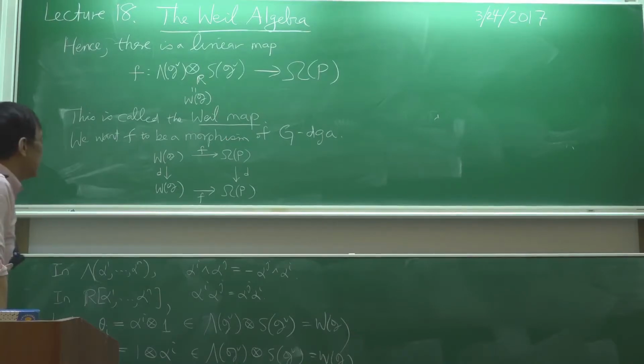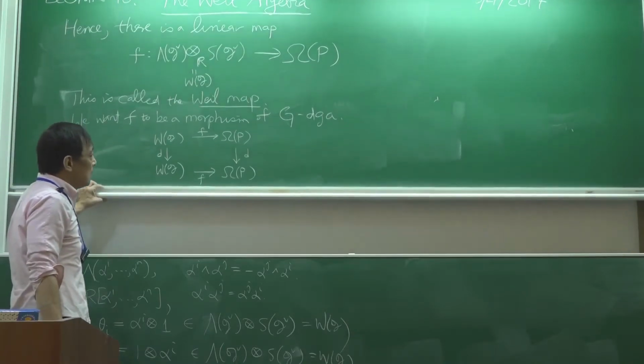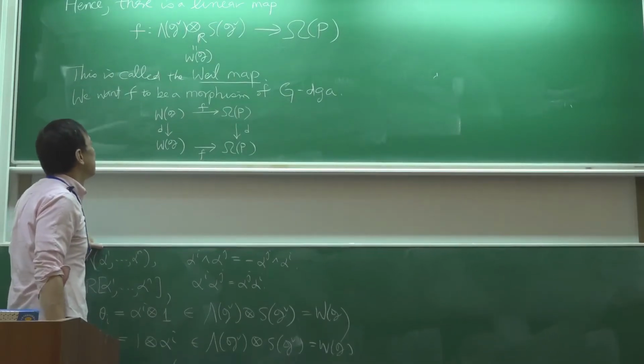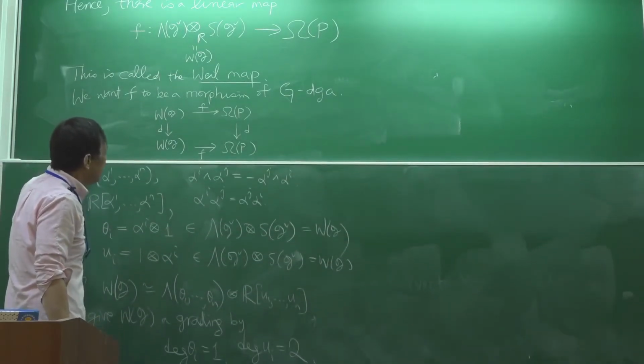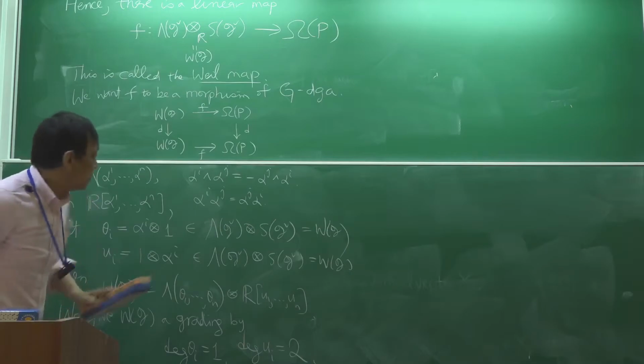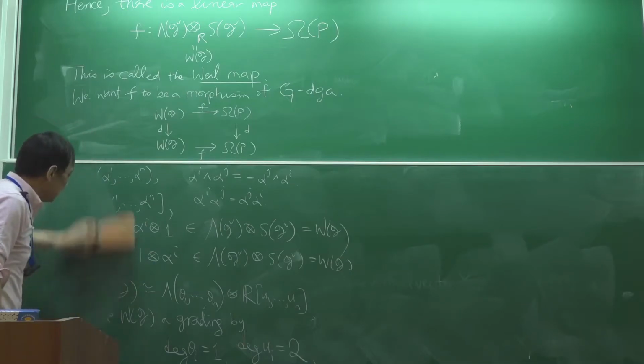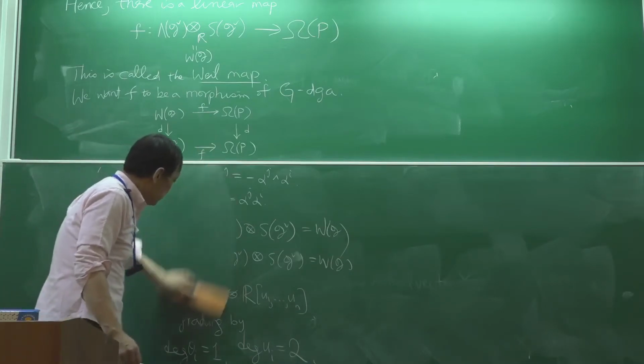Now, let's write out the Weil map in terms of generators.